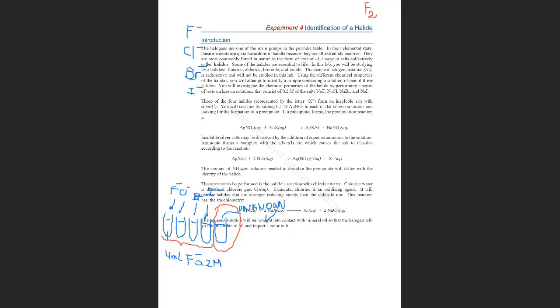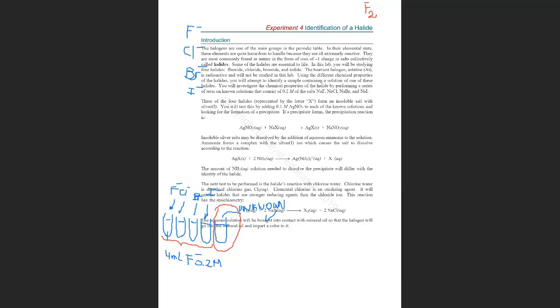So the first thing you do is you prepare those 5 tubes with these 4 halides that you are going to test. In 1 tube, fluoride, chloride, bromide, iodide, and the other, your unknown.